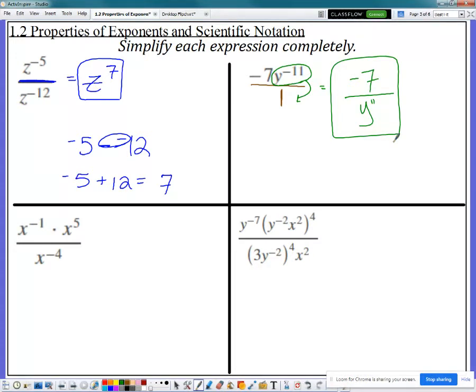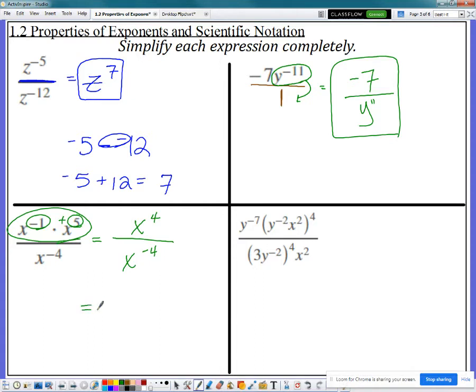All right, and then next we have y to the negative 1 times x to the 5th over x to the negative 4th. I can multiply the numerator. When you multiply, you add. So we get x raised to the 4th because negative 1 plus 5 gives me 4 over x to the negative 4th. When you are dividing, you should subtract.